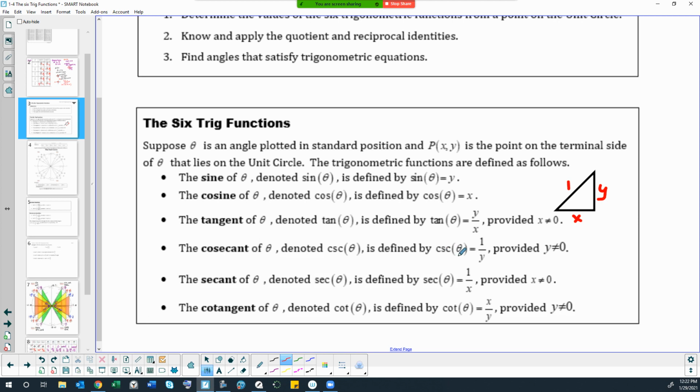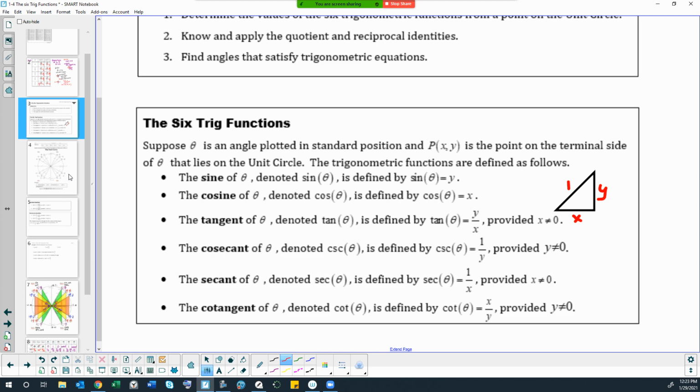And then for cosecant, it's hypotenuse over opposite. It's the reciprocal of sine, so it would be 1 over y. And then for secant, it would be 1 over x, because that one's hypotenuse over adjacent, which is the reciprocal of cosine. And then cotangent would be x over y, because it's adjacent over opposite, which is the reciprocal of tangent.